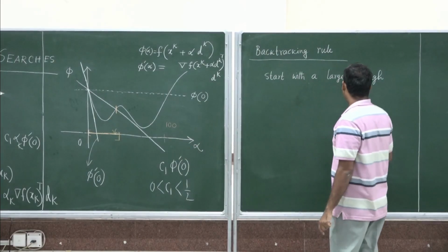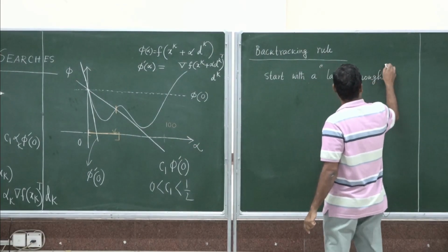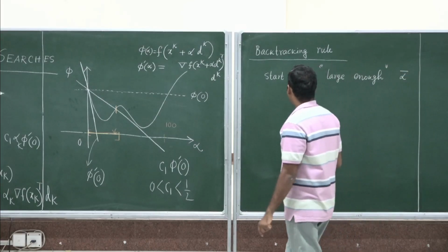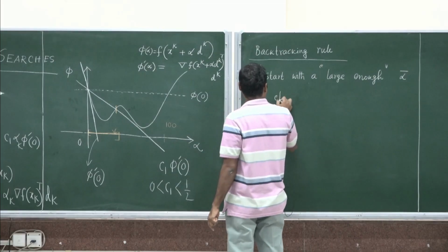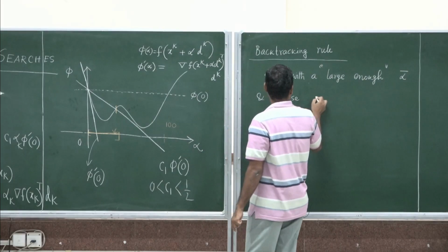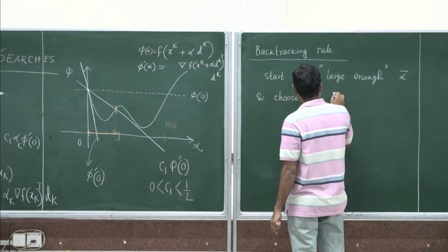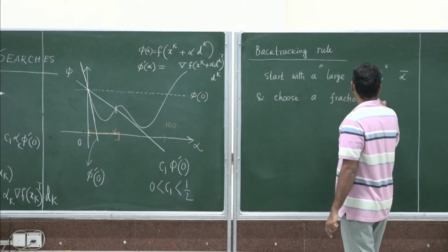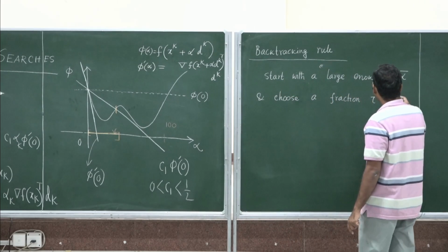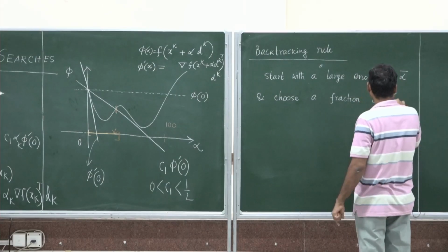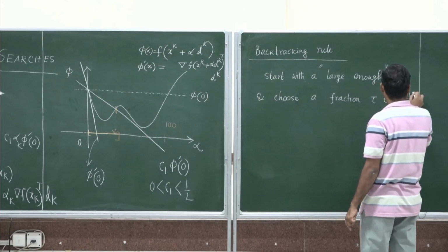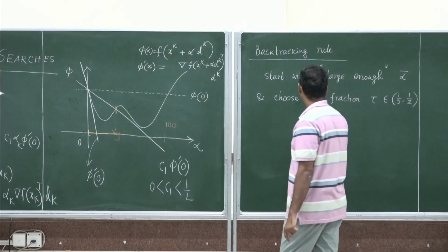Start with a large enough alpha k, and then maybe we choose alpha bar and choose a fraction tau, maybe choose 1/3 to half, choose a fraction.